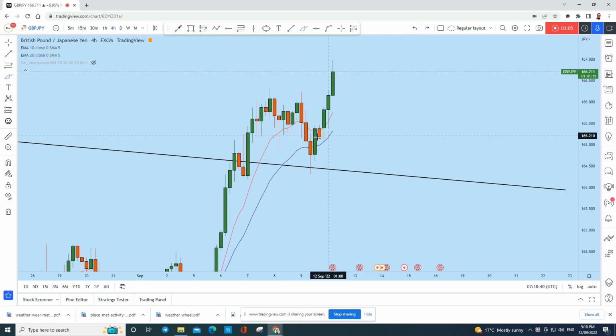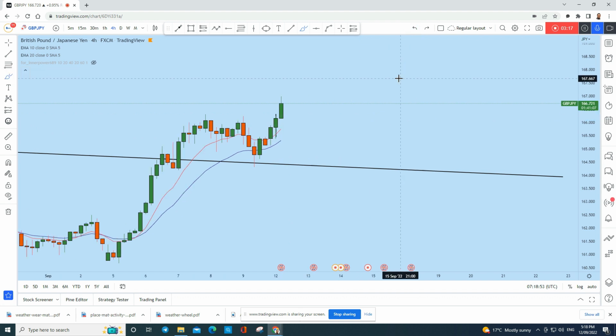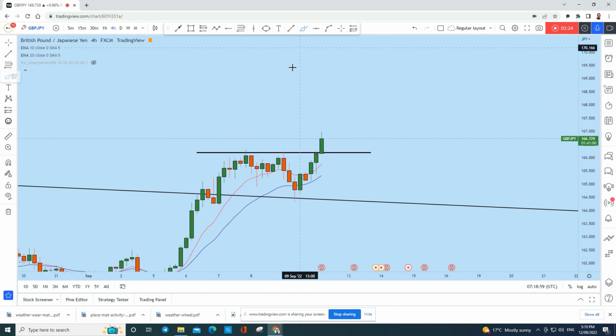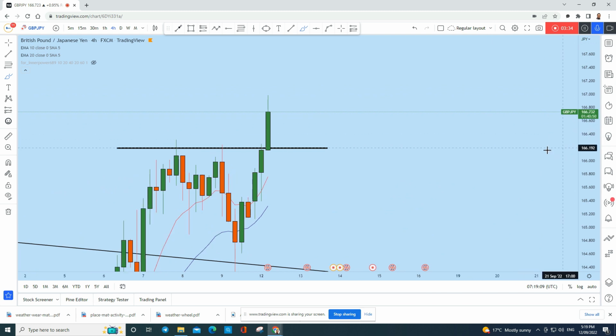With that reversal pattern, GJ broke to the upside and tested the neckline of this reversal pattern, this previous resistance as support. We have seen a strong bullish engulfer, followed by this current candle that has broken out of this resistance. If you draw this level of resistance, we can see there is a resistance here, resistance here. On that resistance we have seen this strong bullish candle being formed, which has almost 1 hour and 40 minutes remaining from this time of recording.